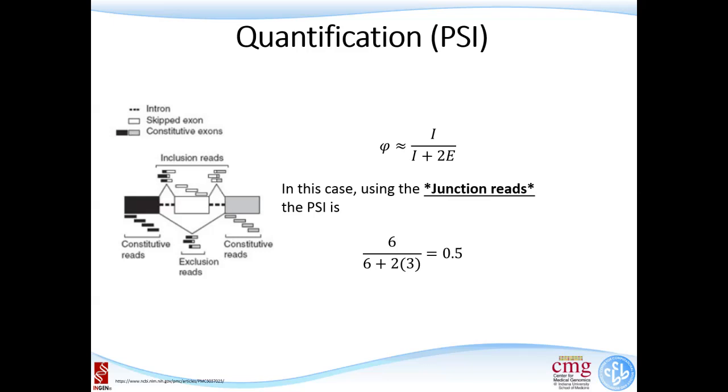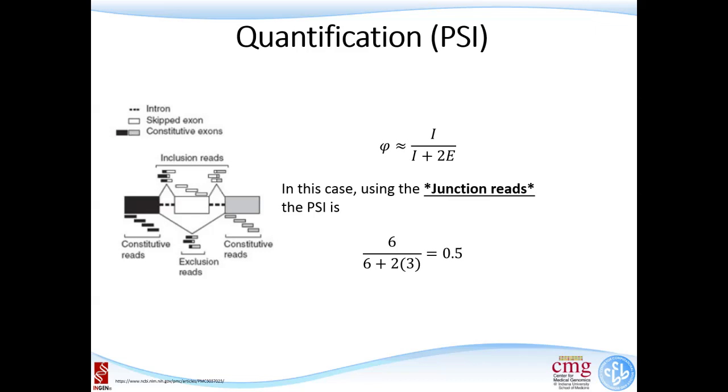So if all we can understand is the percentage, we can calculate that relatively easily in a simple equation just using the junction reads. This ratio of included exons to excluded exons, or included exons for transcripts versus the number of transcripts that don't have it, is known as the percent spliced in value.